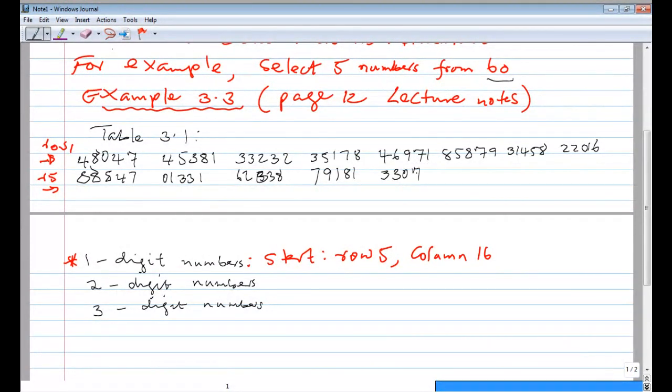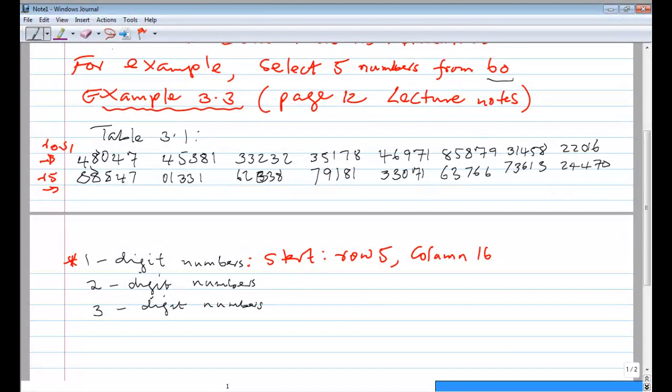Then the next one 6, 6, 3, 3, 7, 6, 6. Then 7, 3, 7, 3, 6, 1, 3. The last one in that row is 2, 4, 2, 4, 4, 7, 0. Now this is row number 5.